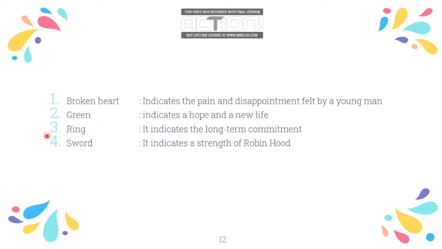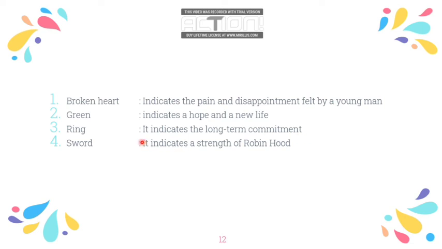And the third is ring. The ring in this story indicates long-term commitment. It tells in the story that the young man kept the ring for 7 years to give to his love on his wedding day.